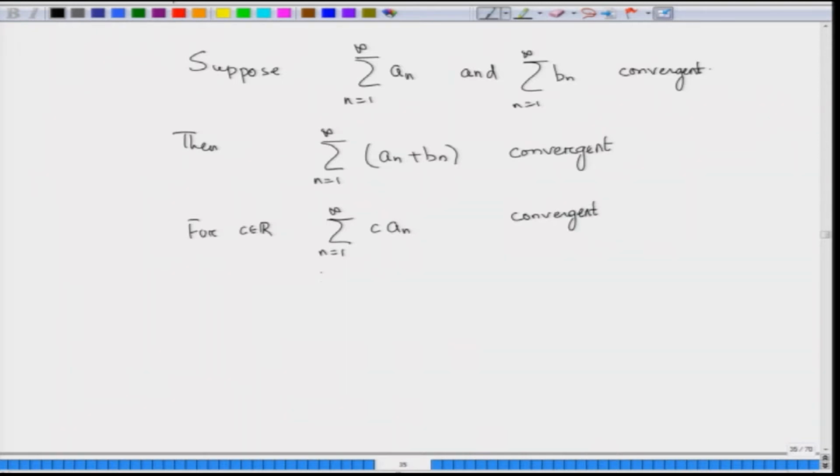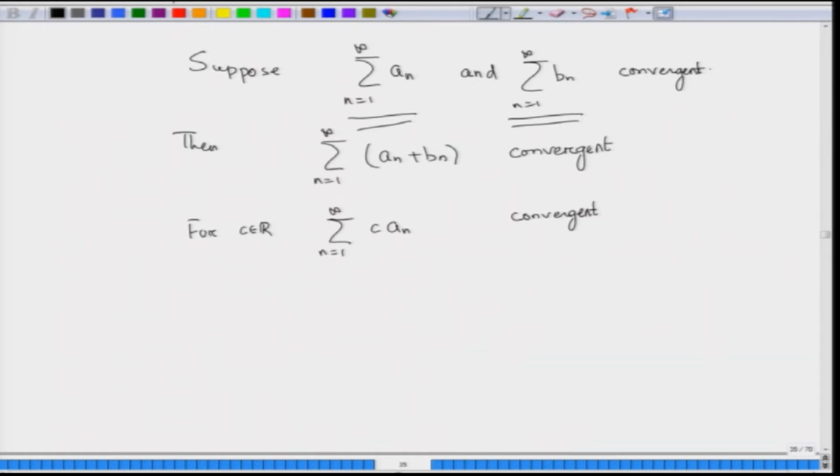And here observe that we need these two conditions. If we do not have these two conditions, then this may not hold, in the sense that you can take a n to be n and b n to be minus n.